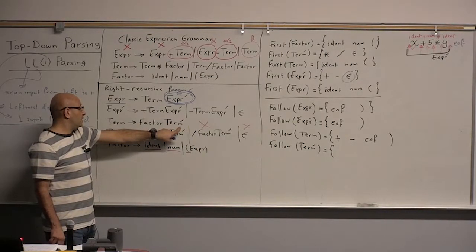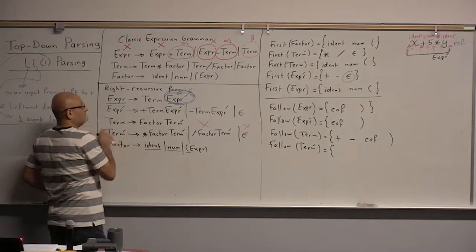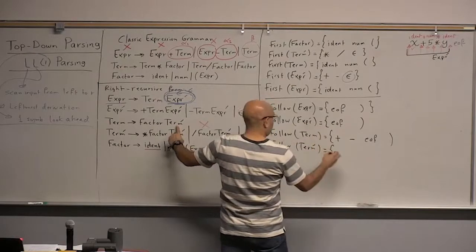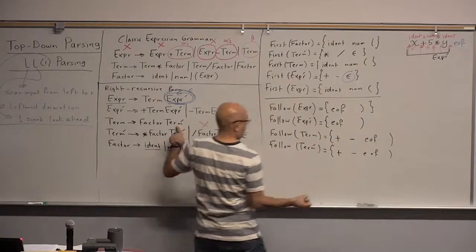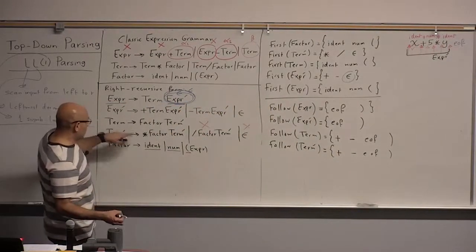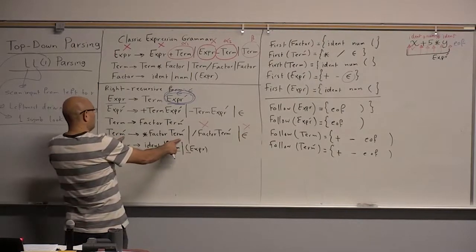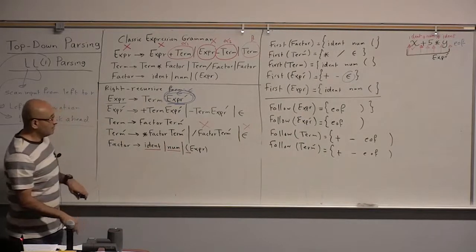Put the follow of term into the follow of term prime, because term prime can be the last thing in a term. So I just copy the follow of term. Okay. Is there another term prime? Here, this tells me add the follow of term prime into term prime. So this is not going to be useful. And here, I don't have a term prime.